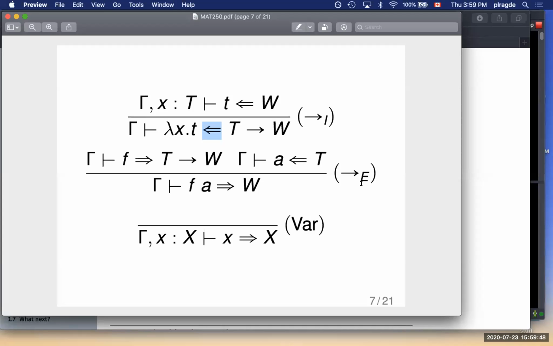Well, what we're going to do is get away with 5 rules. And the remaining rules are going to apply when these rules don't apply. And the remaining rules are going to say how we switch from checking to synthesis or from synthesis to checking. So let's take a look at those last two rules. Questions on this slide before I leave the slide? Of course, we can come back to it if necessary.